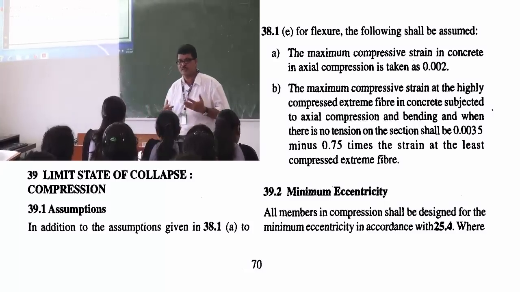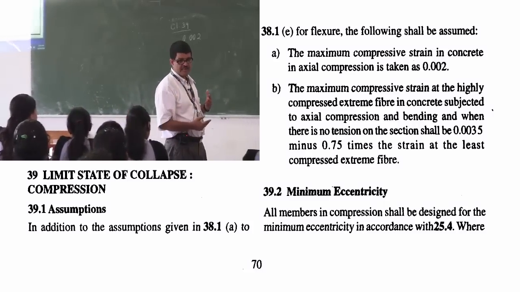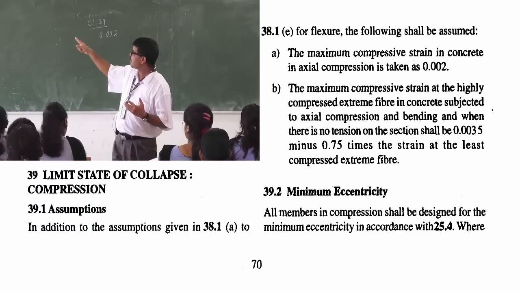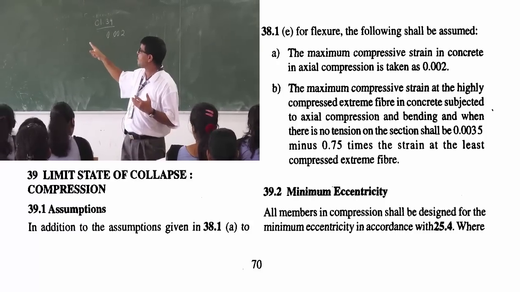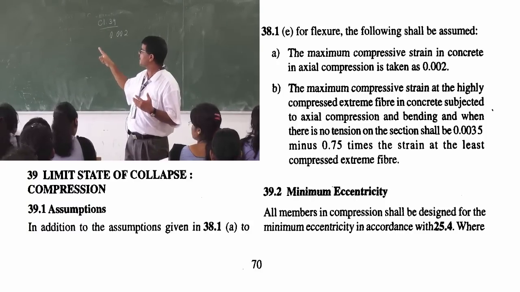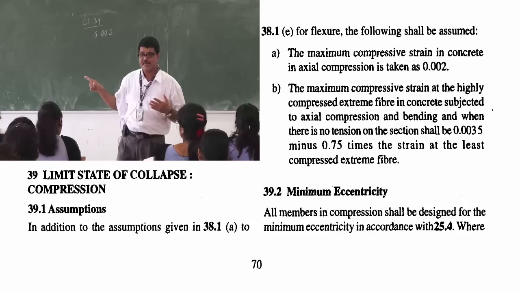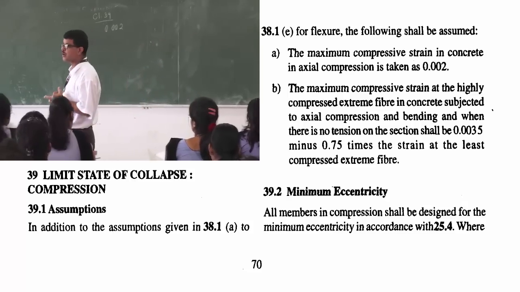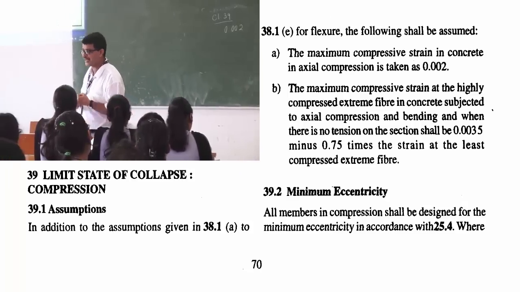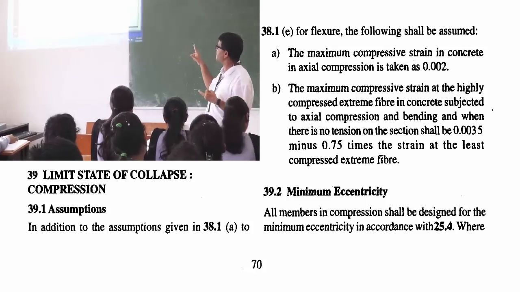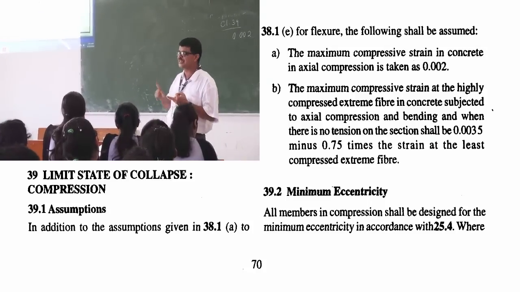So when it is subjected to axial compression plus bending, what will happen? The maximum compressive strain at the highly compressed extreme fiber in concrete subjected to axial compression and bending, and when there is no tension on the section, shall be 0.0035, because 0.0035 is the maximum strain in bending in compression, minus 0.75 times the strain at the least compressed extreme fiber.